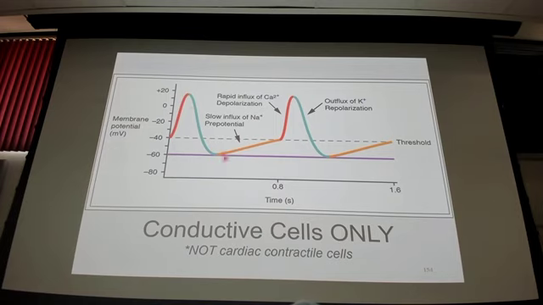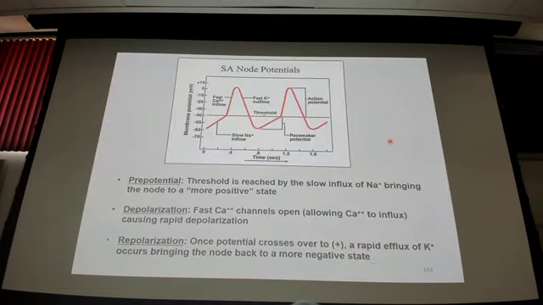Let's start right here. So we have sodium, sodium, sodium, right? 1 plus, then 2 plus, and then contraction, and then now we're losing potassium to drop back down to negative, and we just do the whole thing over again. All right? Make more sense on this one, maybe.